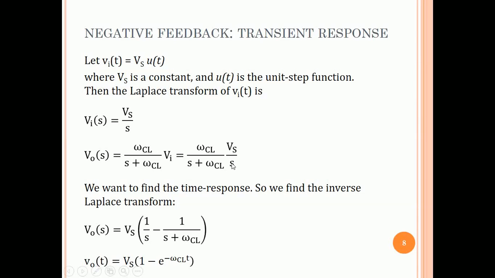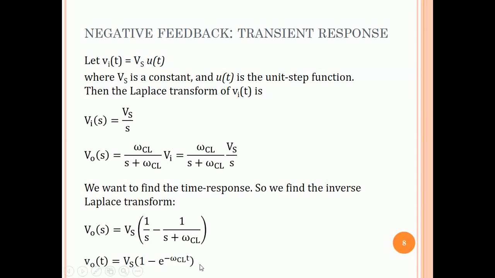The way we'll do it is we'll do partial fractions of this. So VO is, we'll take Vs out, and the partial fraction is 1 by S minus 1 by S plus omega CL, the two first order terms in the denominator. So this will be S plus omega CL minus S in the numerator, which is omega CL, which is this. So this is our partial fractioned Laplace transform.